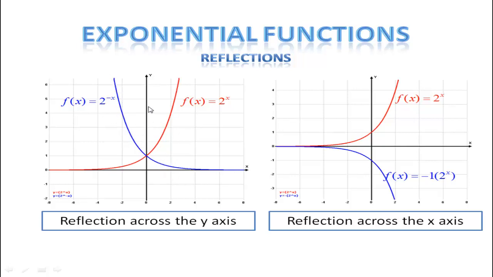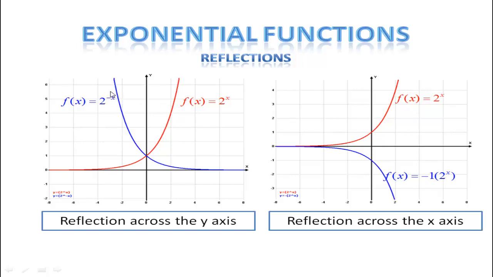And notice that this reflection maintains the y-intercept of the parent function, and your horizontal asymptote doesn't change, okay? When your negative value is outside of the function, not affecting x, then it's going to reflect across the x-axis, okay?